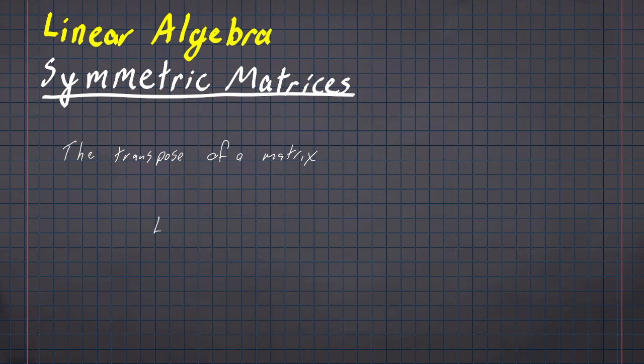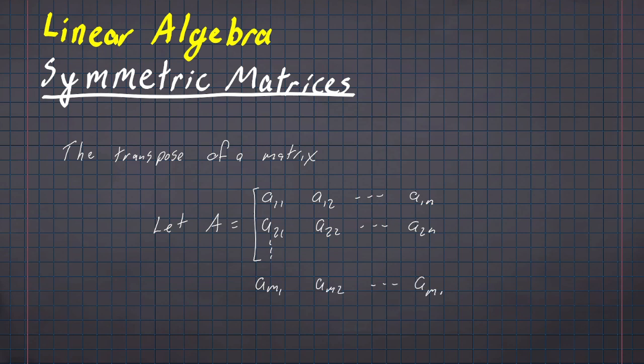So if we define matrix A, we have matrix A here is an m by n matrix, and we have all of the entries listed out, indexed.